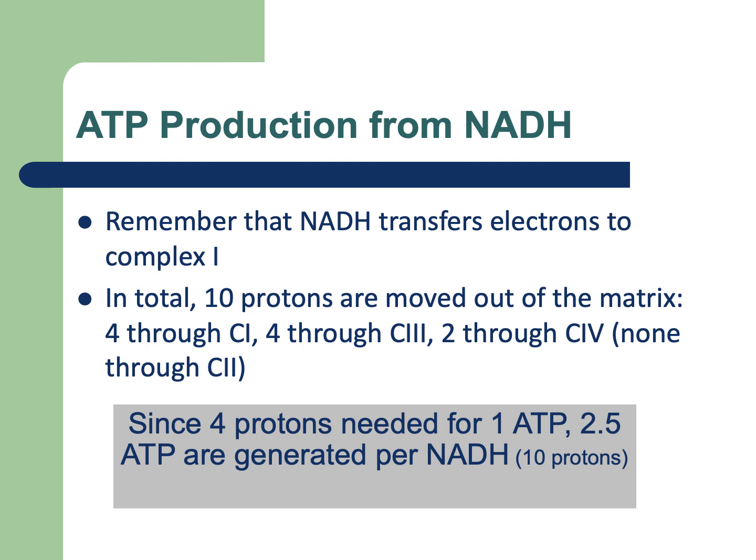So since 4 protons are needed for 1 ATP molecule, we have 2.5 ATP are generated per NADH. So you have 10 protons divided by 4 protons needed for 1 ATP means 2.5 ATP are generated for 1 NADH.